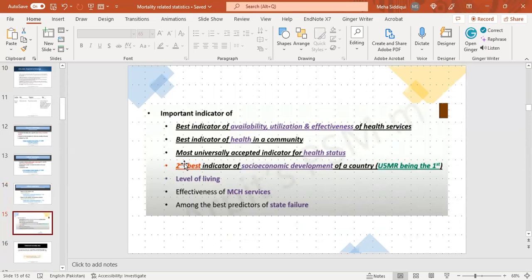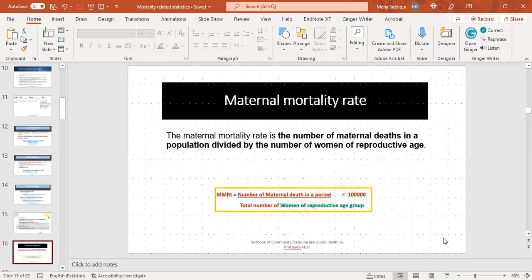It is the most universally accepted indicator for health status. It is the second best indicator of socio-economic development of a country after under 5 mortality rate, because it is the first indicator of socio-economic development of a country. Then it is an important indicator of level of living, effectiveness of maternal child health services, and it is among the best predictors of state failure.